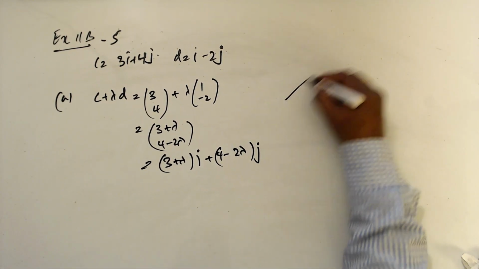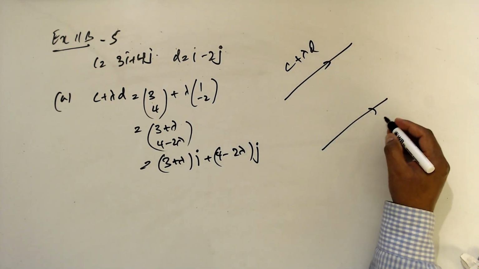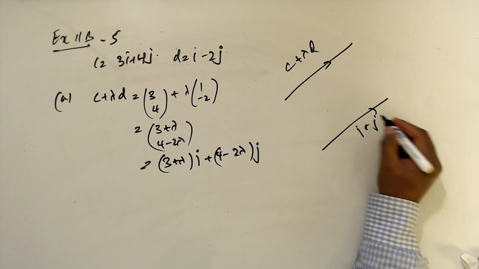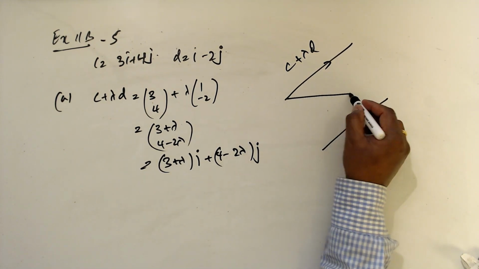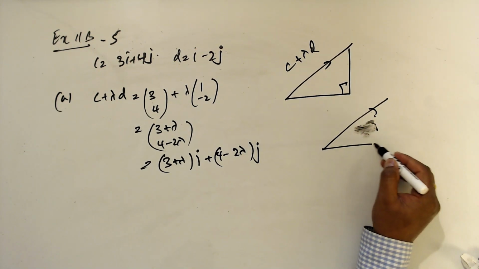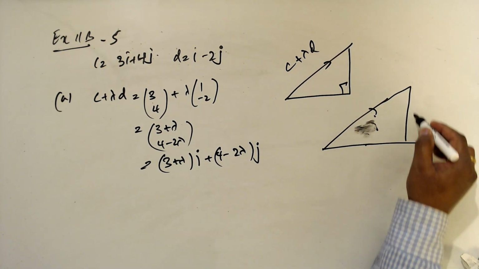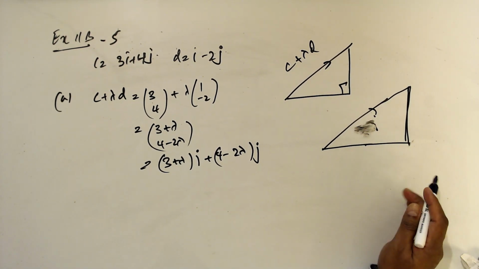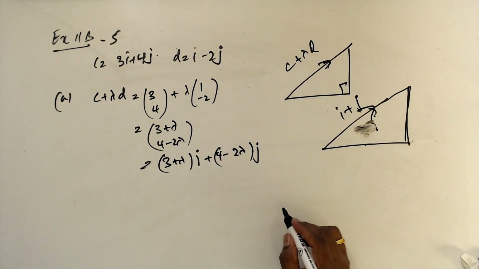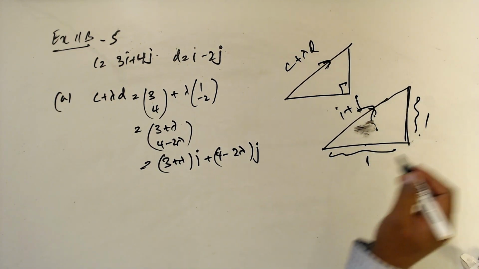Now, these two are parallel: c plus lambda d and i plus j. This is i plus j, meaning 1 and 1.